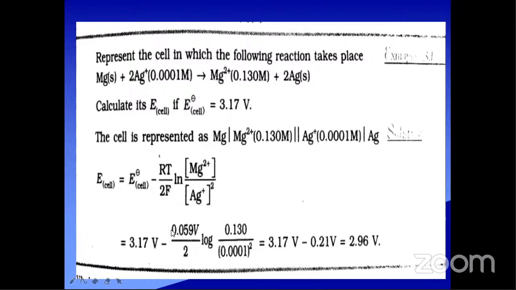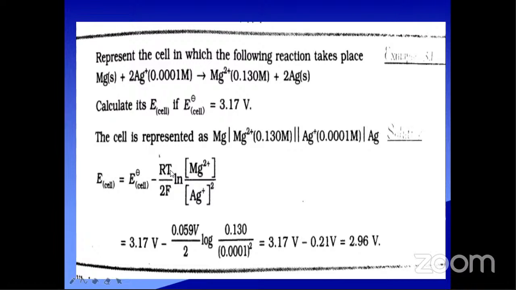Here roughly we can take 0.06 divided by 2, that means 0.03. Then simplifying all these values, log of 0.13 divided by 10 power minus 8, what will the value become? 0.21 volts. So subtracting 0.21 volts from 3.17, 2.96 volts will become. Okay, that is the E cell value.